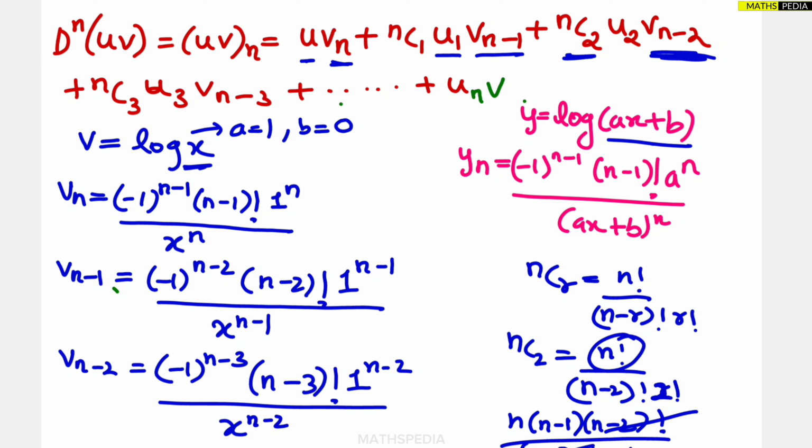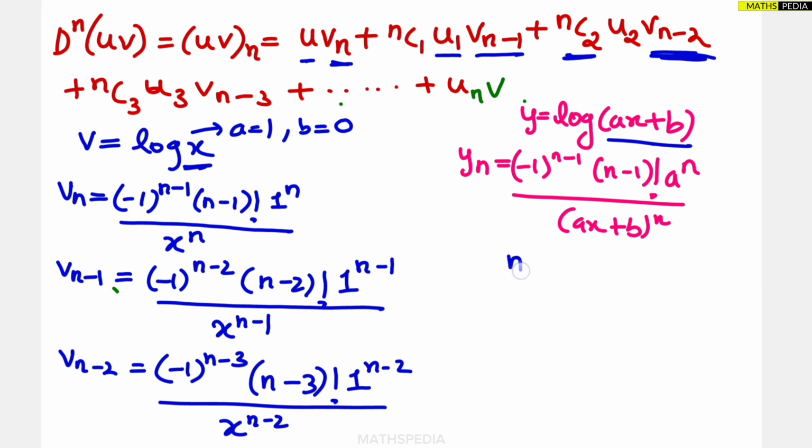This and this cancel. So the nC2 value becomes n into n minus 1 by 2. You can directly remember this. nC1 is n.